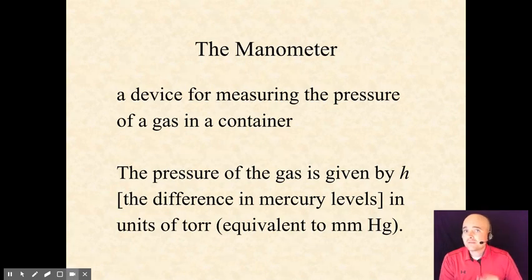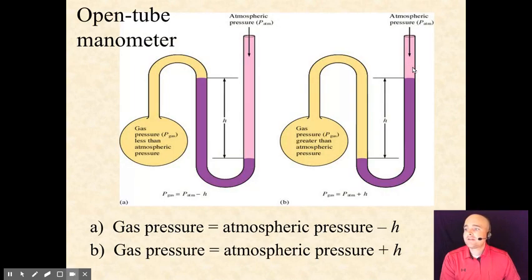Another way we can measure pressure is by using a manometer. Here's a picture of it, where we have a U tube. No, not like the YouTube channel. I mean like the letter U, tube. And you can measure the height difference.